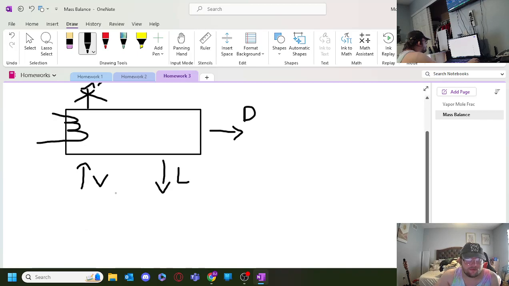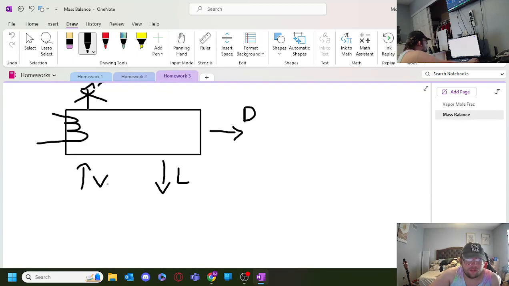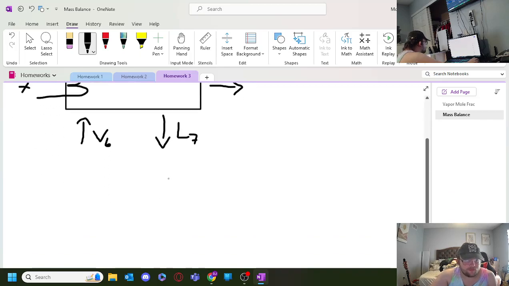Go back up here. So our condenser was our stage 7. So that means the vapor is coming from stage 6, and then liquid is leaving 7.